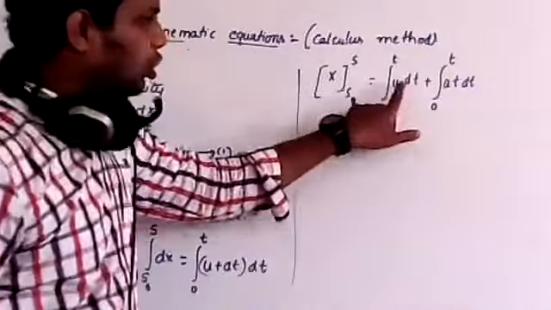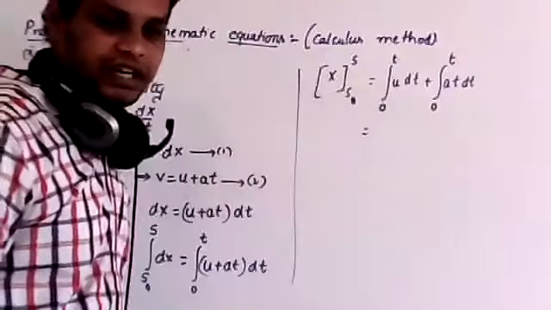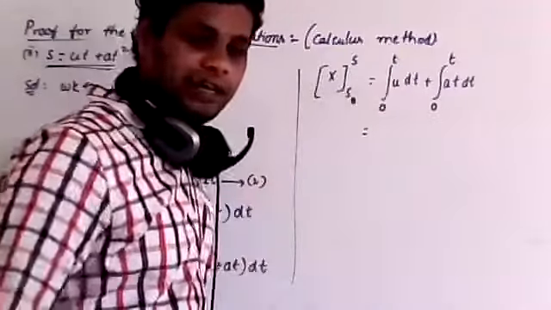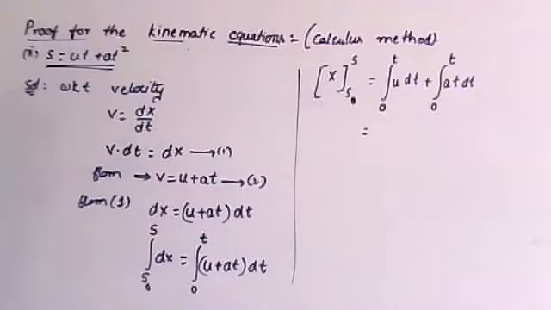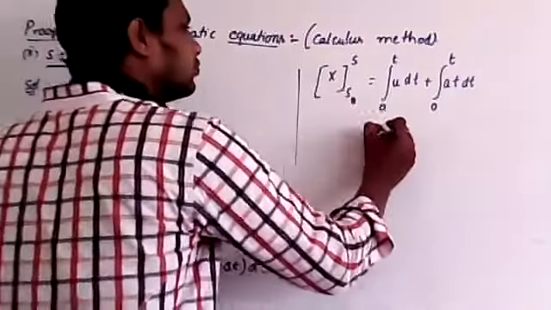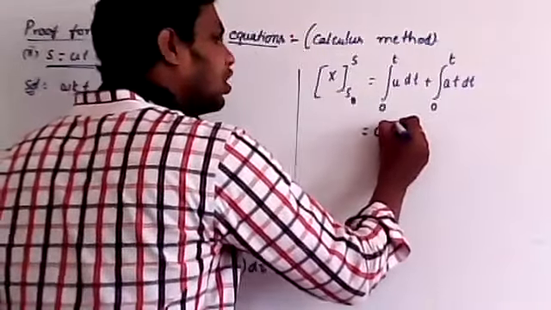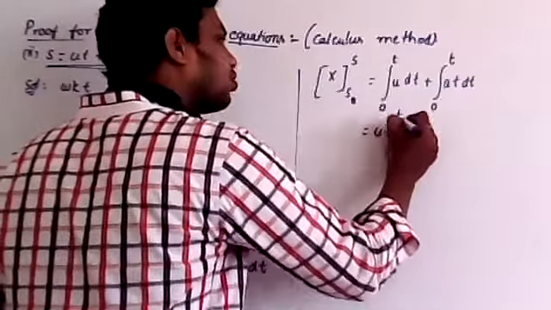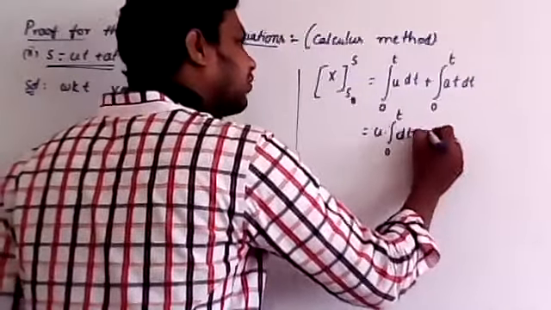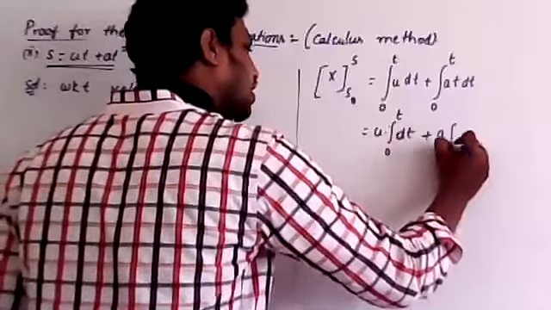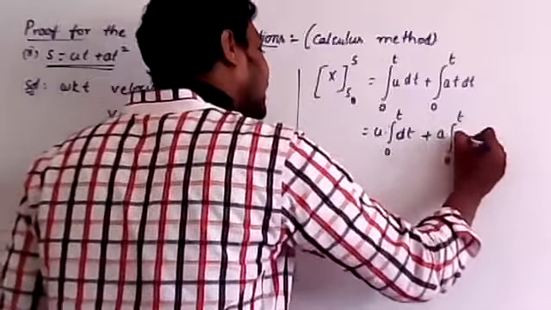Now listen, u comes out of the integration, then integration of dt is how much? Very good, t. So u into integration from 0 to t of dt, plus, I will take a outside the integration, then integration from 0 to t of t dt.